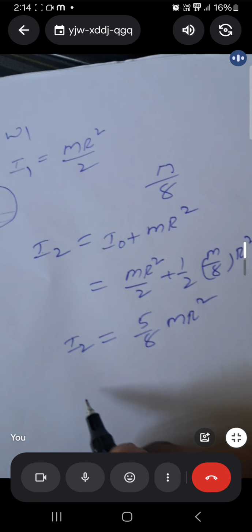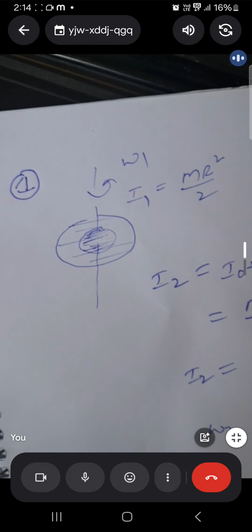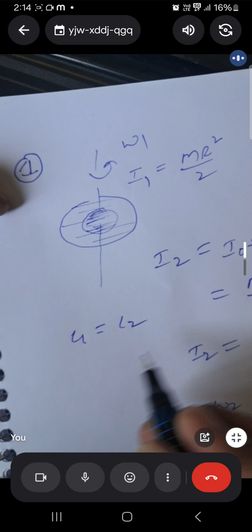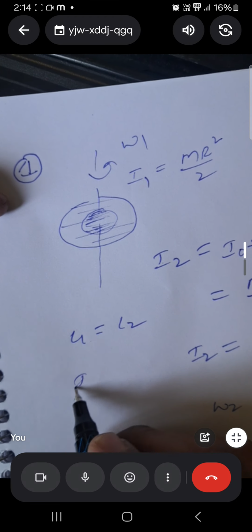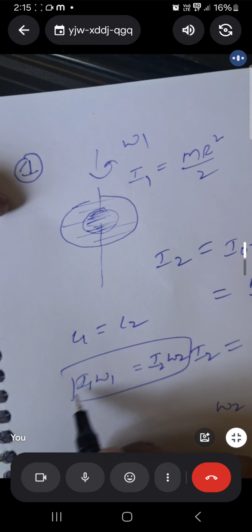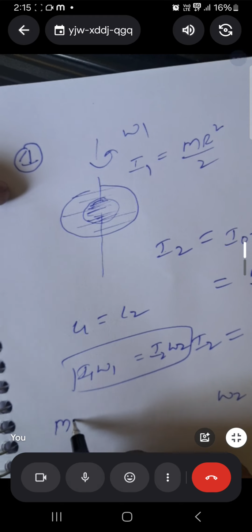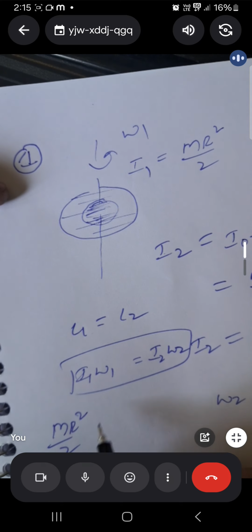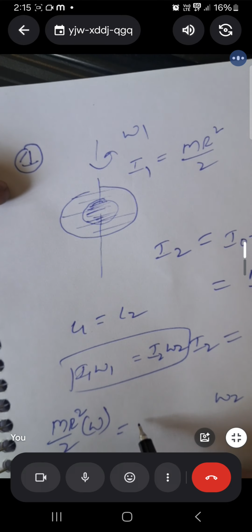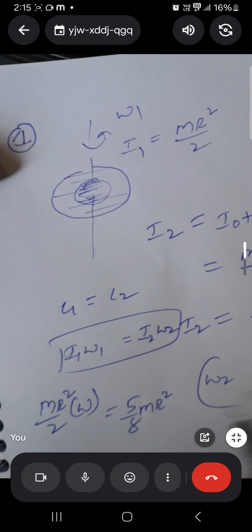Now we have to find omega 2. How can you find omega 2? By using conservation of angular momentum. That is L1 equal to L2, that means I1 omega 1 equal to I2 omega 2. I1 is the moment of inertia of the first disk, that is m r square by 2, with omega 1, and I2 is 5 by 8 m r square with omega 2.